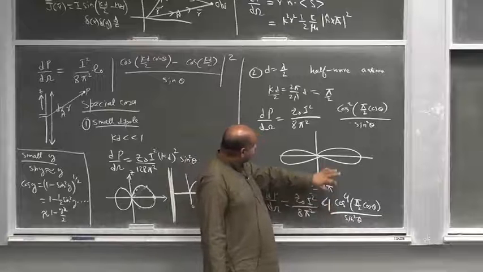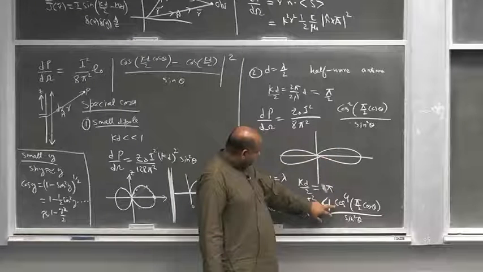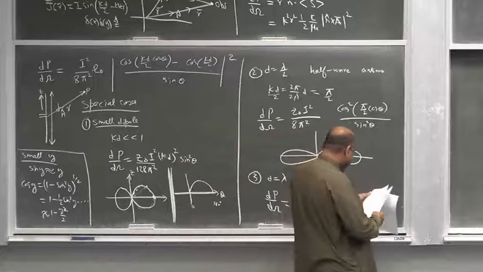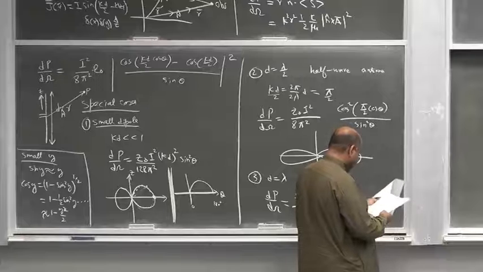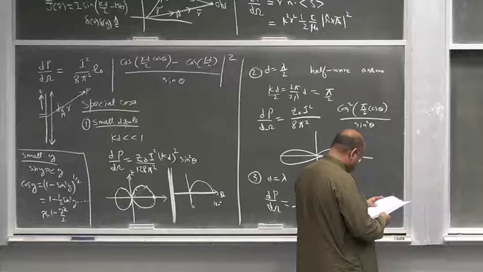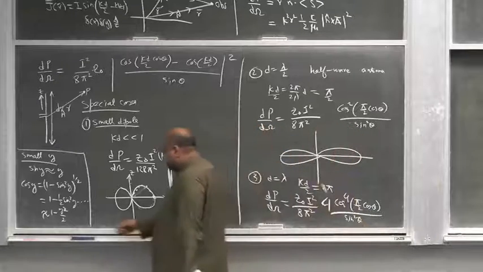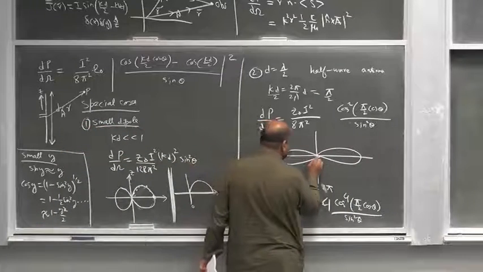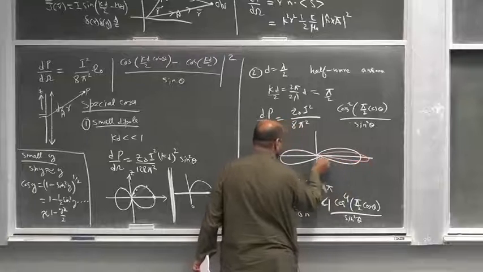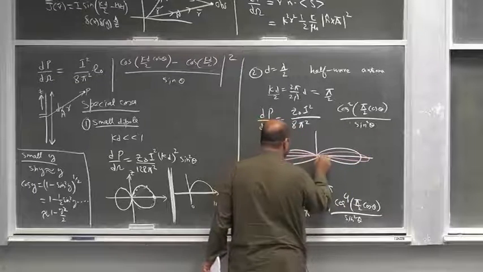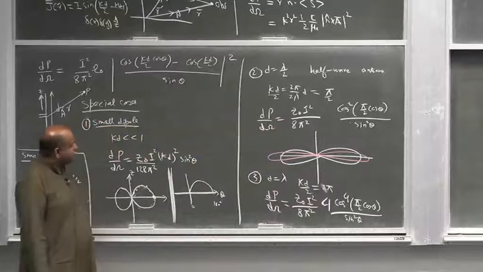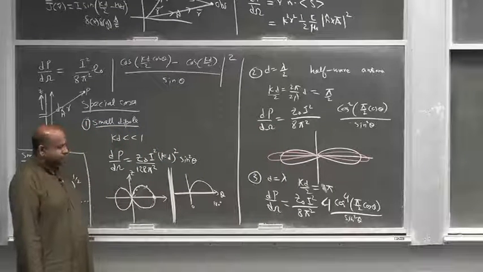So the plot of this one is like this. Let me draw it on top of it. This is even more directive than the half-wave antenna.